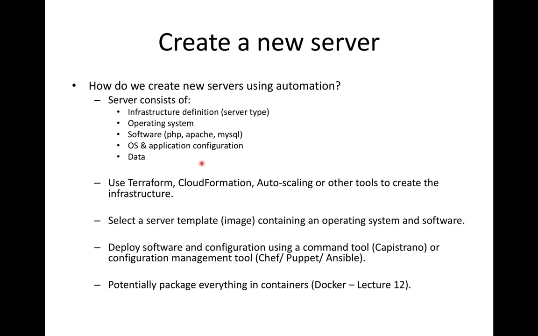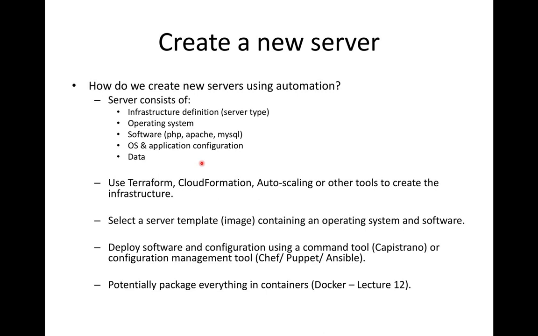So when we create a new server, how do we do that? In this class, oftentimes when we've been creating servers, we've been logging into the server and manually installing software, or we've been writing short shell scripts that automate the installation and configuration of software on our systems.